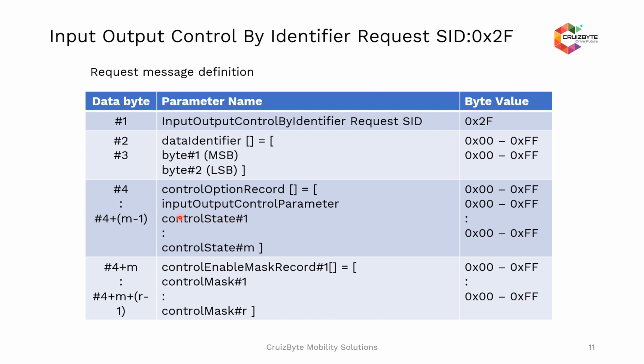So this is where the values should be sent from the diagnostic tester to the ECU. And which places within that array are valid can be mentioned through this control enable mask record ID, where you can enable or disable each of the signals.